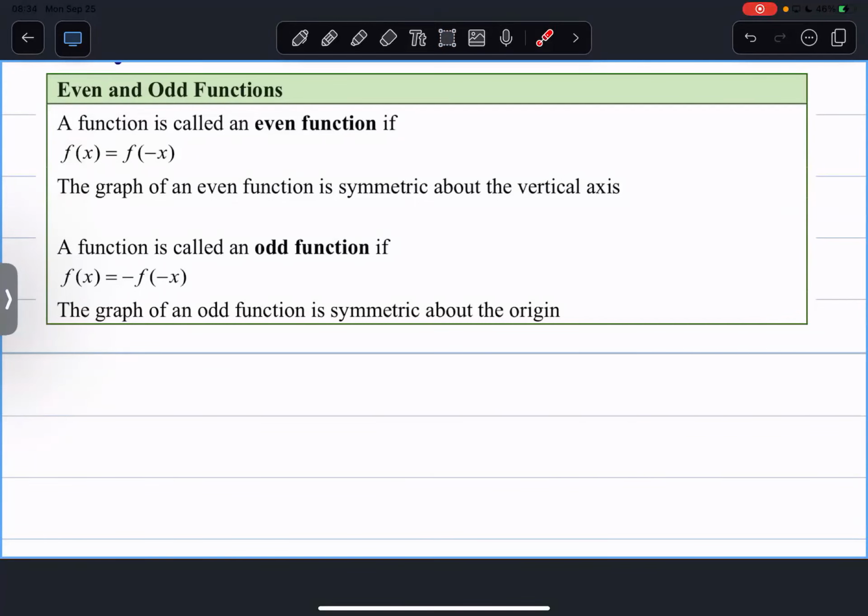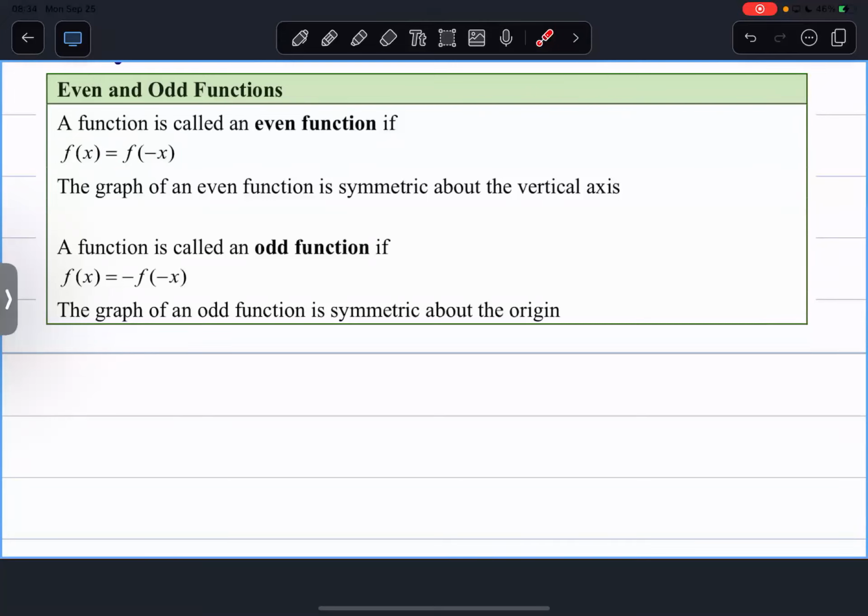What were we seeing? We were seeing even functions because the output, f of x, is going to be the same as f of negative x. And so for an even function, you put in a negative x, and if you're able to simplify it down to just the original f of x, then you have an even function.